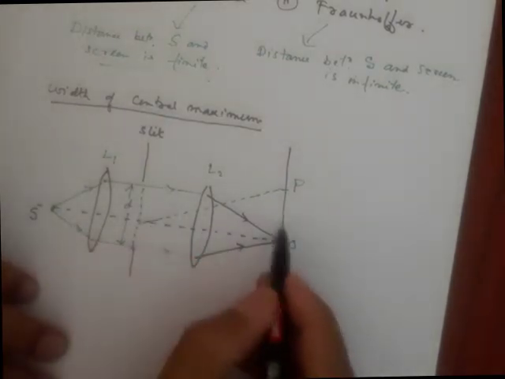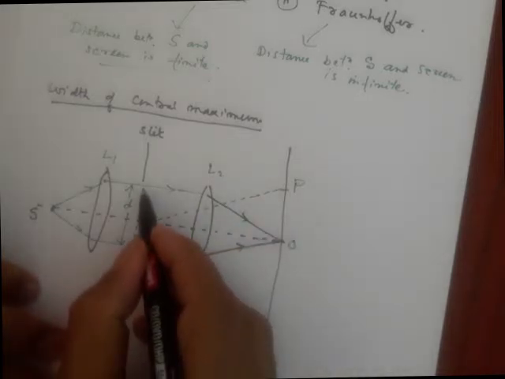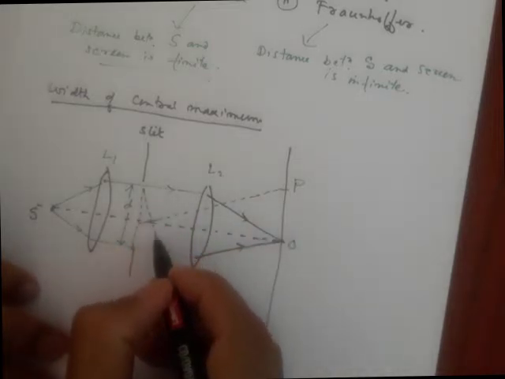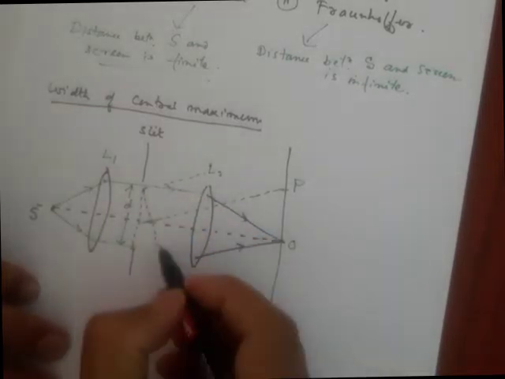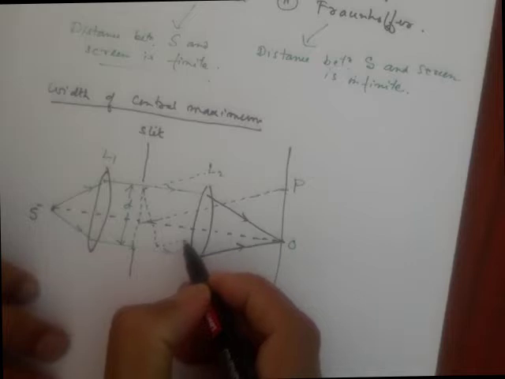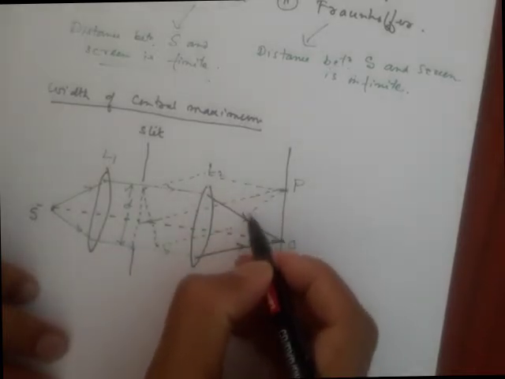Then if this point O is shifted to P, we can imagine another figure similar to the first one, like this, and they are meeting at the point P one more time here.